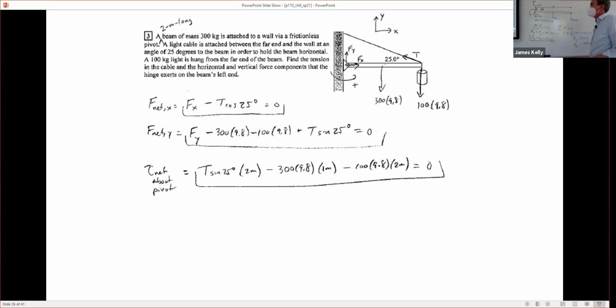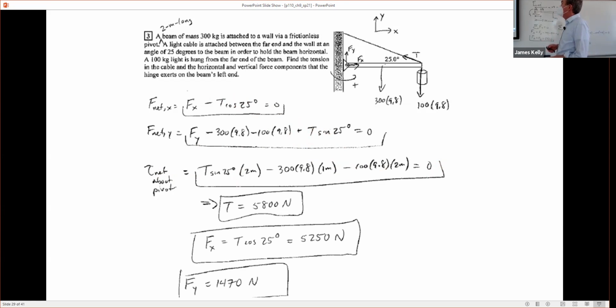It's positive because it's trying to twist it in the positive direction. So all those have to add to 0. That's great because my third equation only has 1 unknown in it, and I can solve for T. 5,800 newtons is what I get, and then I substitute my T up into these 2 equations up here, and I can separately solve for Fx and Fy.